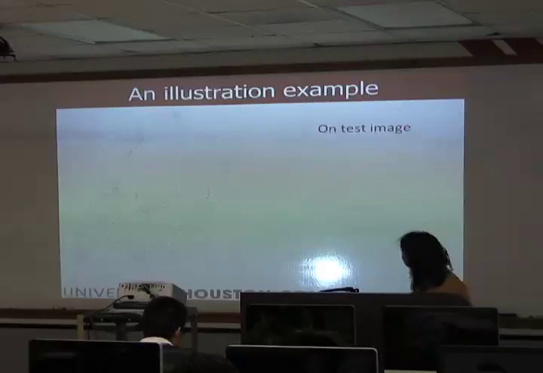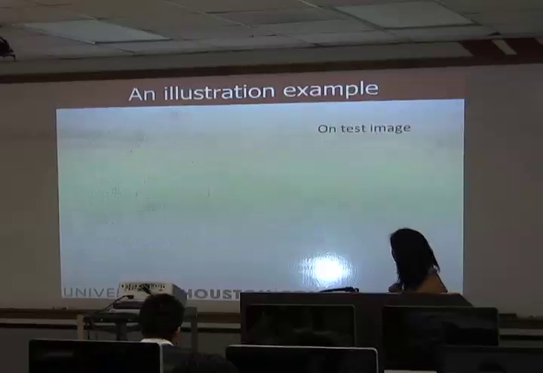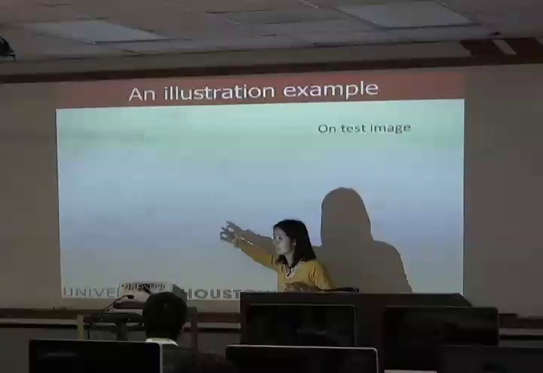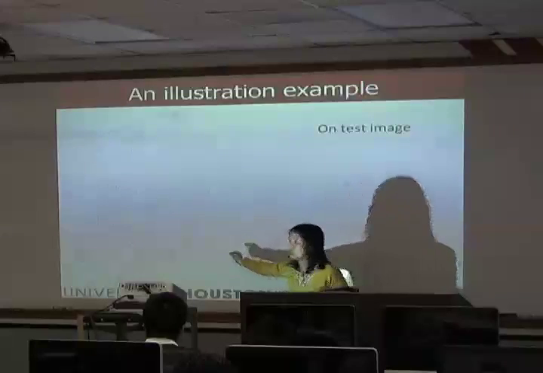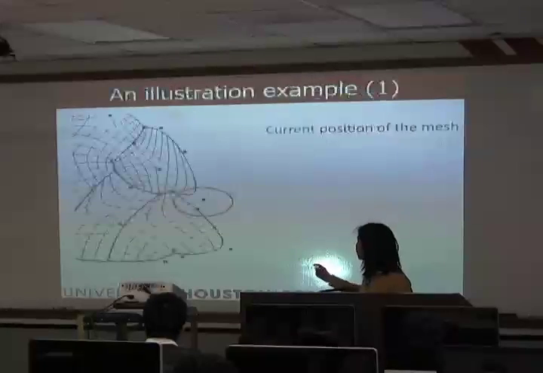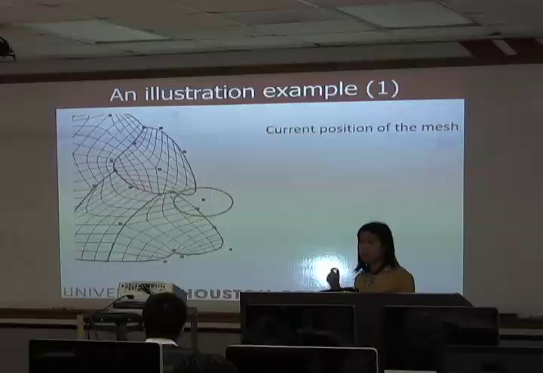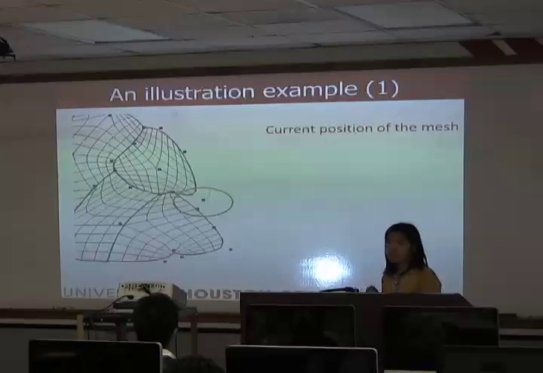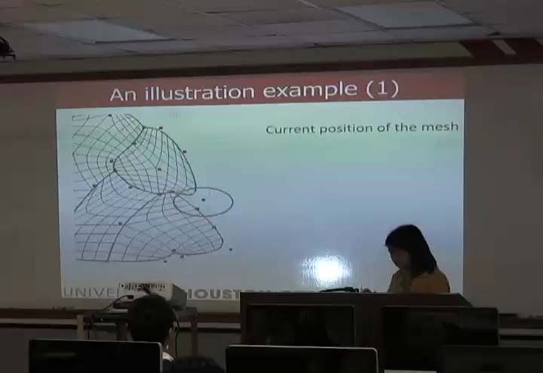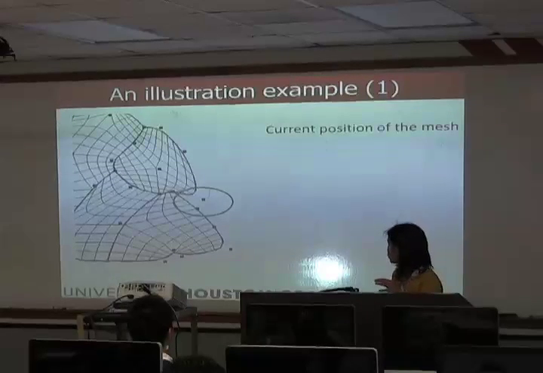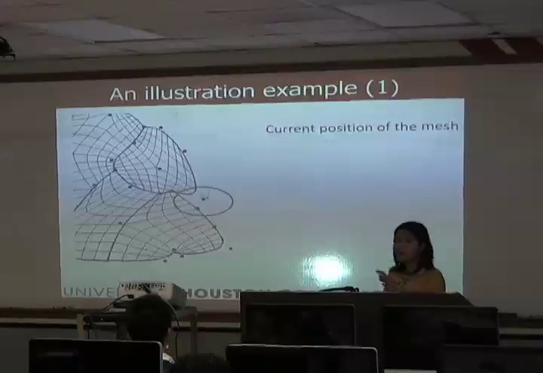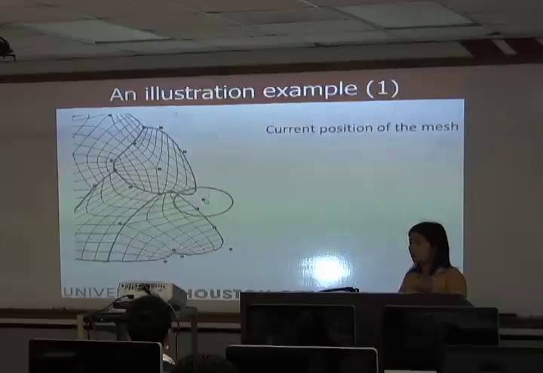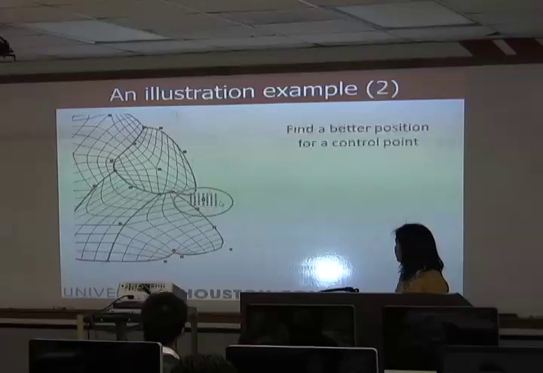So let's start with an illustrative example. I think it's very difficult to see the image, but here is a gene expression image, and we start with an initialized mesh. At each iteration of mesh evolution, we want to find the new position for each quantum point, which are the points at the coarsest level.